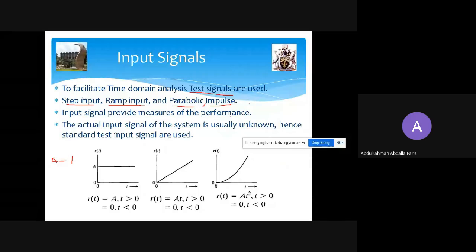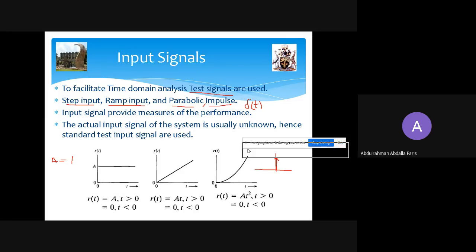An impulse is denoted with a delta. You know this from your communication course. The area of this is equal to 1 at t equals 0, and at t not equal to 0, the whole thing is 0.